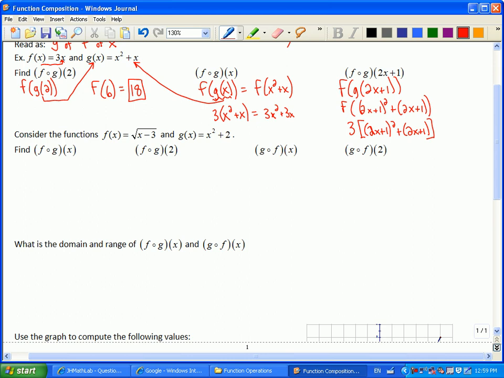Okay, so this time let's talk about composing these two functions. The first function is the square root of x minus 3, and the second one is x squared plus 2. Okay. So the first time, try f of g of x. What's the new function that you get when you do f of g of x?